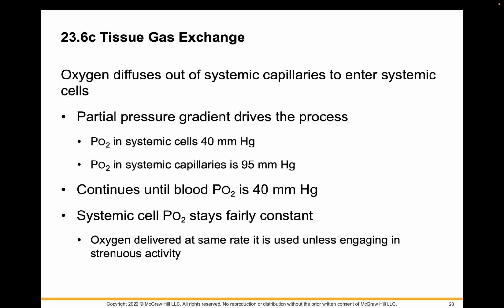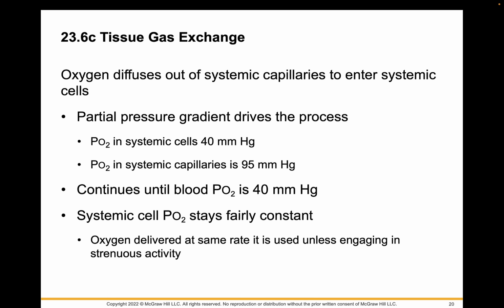Now we have to look at tissue gas exchange, and basically this is going to be relatively similar. Oxygen diffuses out of systemic capillaries to enter systemic cells. Partial pressures, once again, are driving the process. The partial pressure of oxygen in systemic cells is about 40 millimeters of mercury, whereas the partial pressure of oxygen in systemic capillaries is about 95 millimeters of mercury.